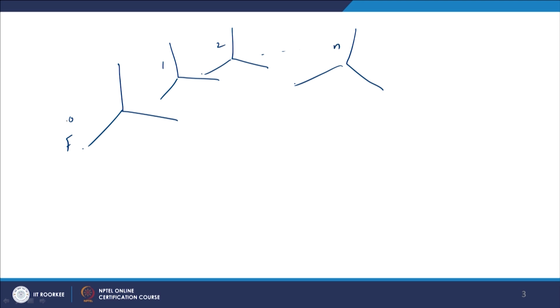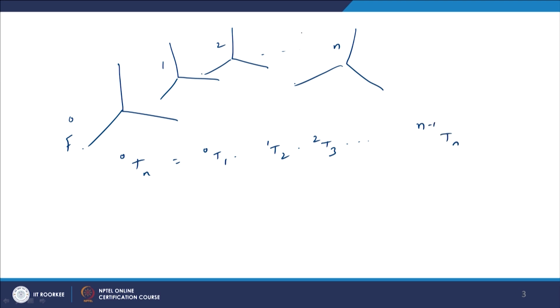Now, the relation between the starting frame, the 0th frame, and the nth frame, we can write as 0 T n, and the relation between the 0th frame and the first frame is 0 T 1, the homogeneous transformation between 0 and 1 frame, and then the homogeneous transformation between 1 and 2 frame is given by 1 T 2, and then 2 T 3, etc.